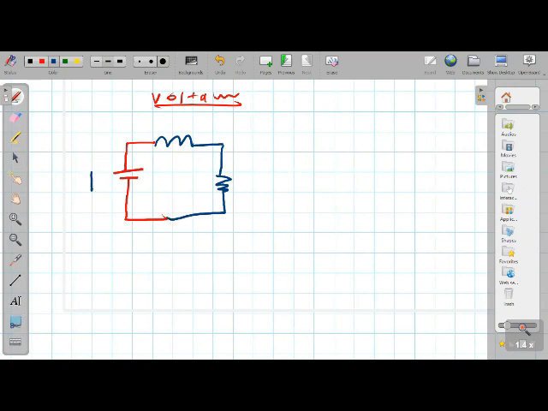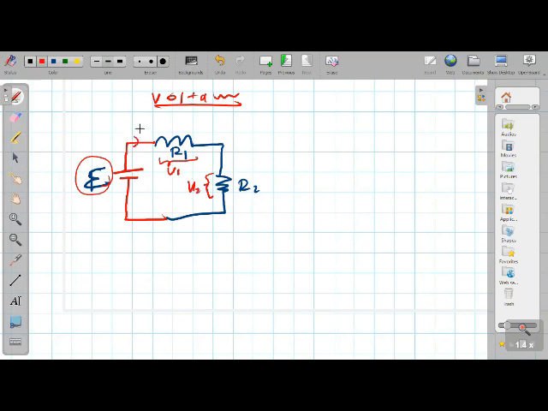So this one is the EMF supply, epsilon, and there are resistances R1 and R2. As I told you earlier, the supply voltage, the EMF, should equal the potential drops around the circuit. This is V1 and this drop is V2.